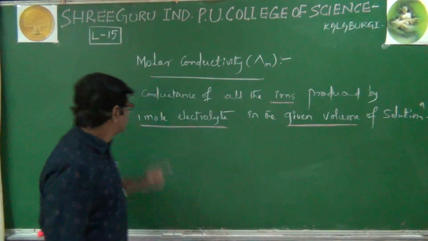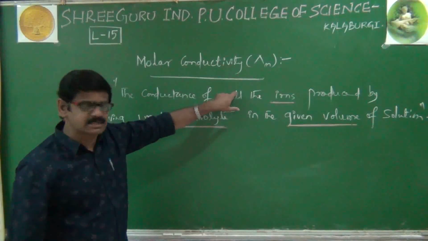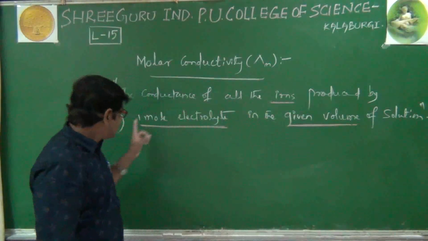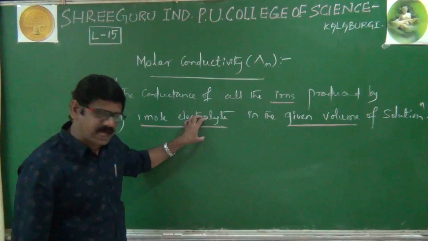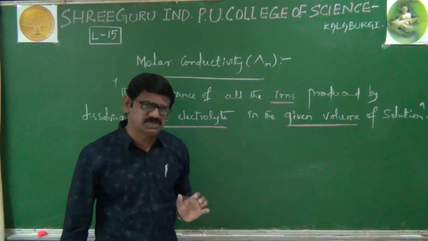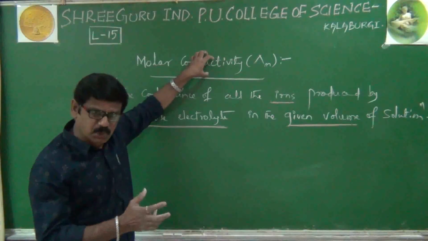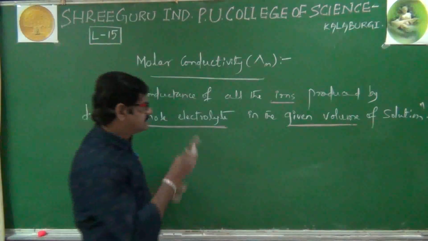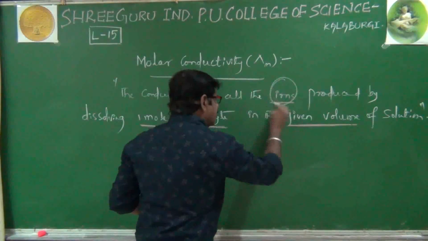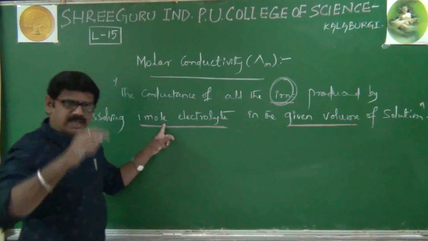That means your molar conductivity arises just because of the ions of 1 mole electrolyte.